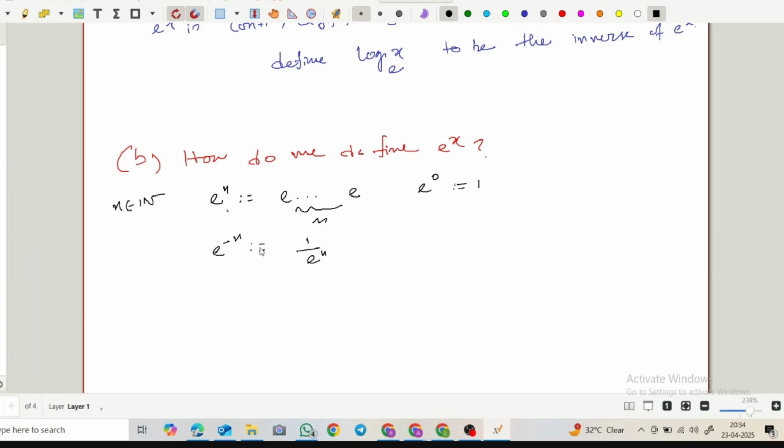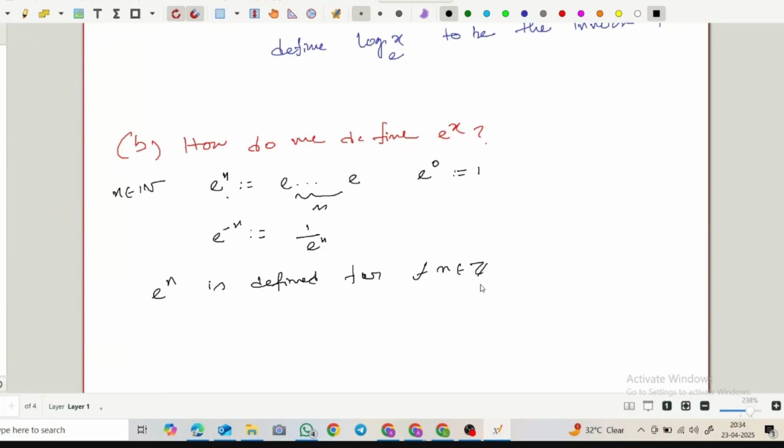So e to the power n is defined for all n belonging to Z. But what about the other real values? How do we define e to the power 3 by 4 or even e to the power root 2? Is the question clear to you? I think the question is more important than the solution.